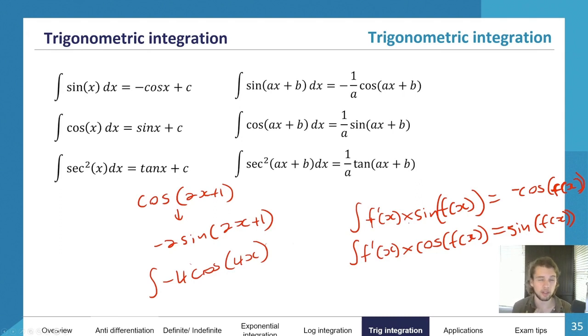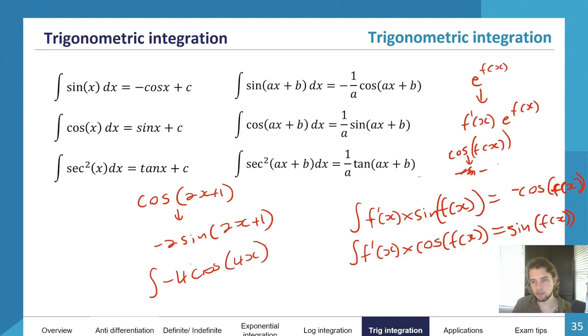I don't think they give it to you in the formula sheet. I don't know why. But it's, to be honest, very similar to when you derive f(x): you get the differential of f(x) out the front, and then you get f(x). Cos and sine are a bit different. If you derive cos f(x), you get the differential of f(x) out the front multiplied by negative sine f(x).